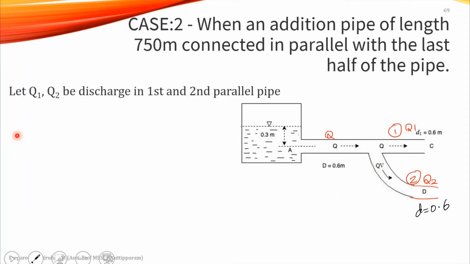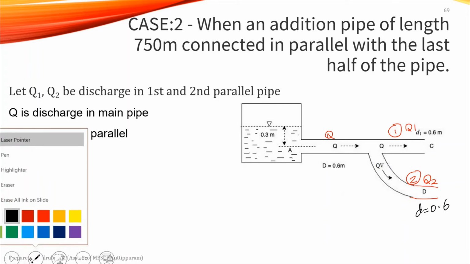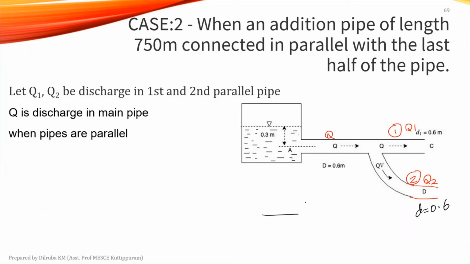Okay. Now let Q1 and Q2 be the discharge in first and second parallel pipe, and Q is the discharge in main pipe. So this is the main pipe and we have two parallel pipes, Q1 and Q2. Since pipes are parallel, if Q is the discharge and Q1 and Q2 are the discharges of two parallel pipes, then we have the equation Q is equal to Q1 plus Q2.